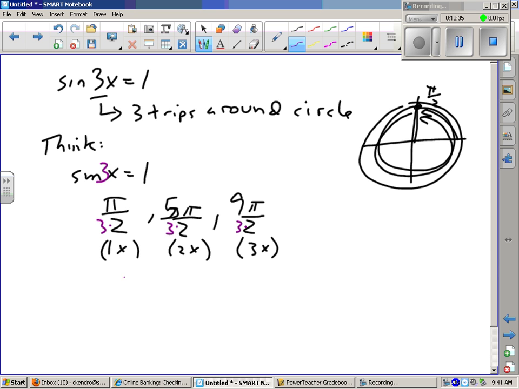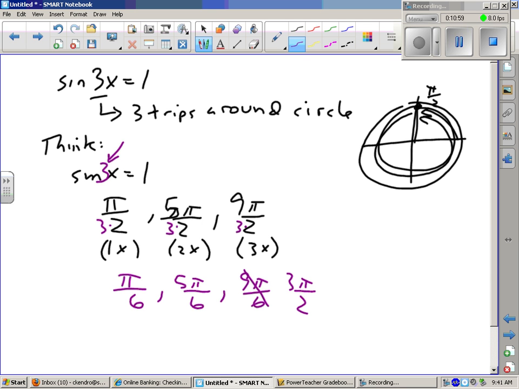So my true answers are pi over 6, 5 pi over 6, and 9 pi over 6, which is really 3 pi over 2. Okay, now I know that's a little bit confusing, but because the 3 is multiplying by the x, I have to divide the x's by 3 to keep it balanced and keep it working.